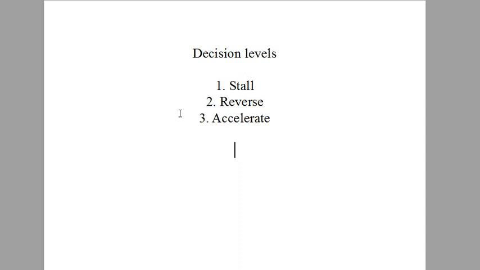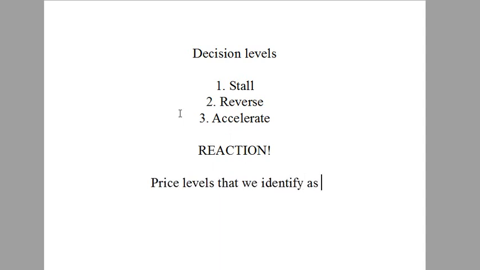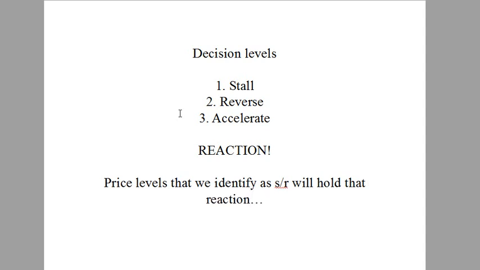What we're looking for is some sort of reaction. And if we're doing our jobs on our charts, the price levels that we identify as support and resistance will be where that reaction is waiting. That's the whole idea.